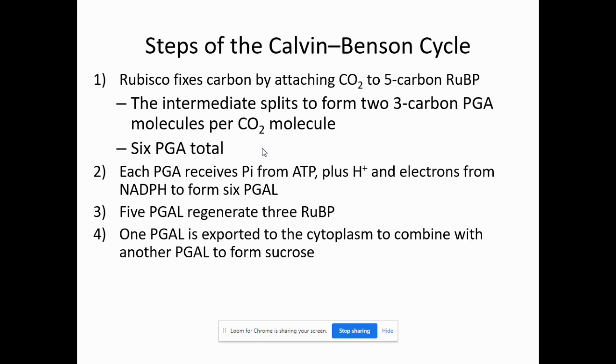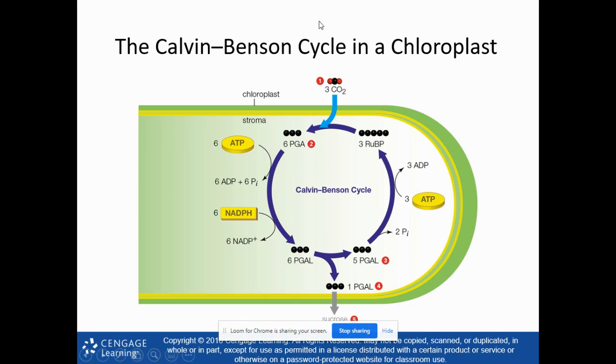Again, it's a cycle, and so if you're using RuBP in the first step, you have to remake the RuBP, and you do see a recreation of RuBP so that it can cycle through again. The big things here, don't necessarily worry about all this.